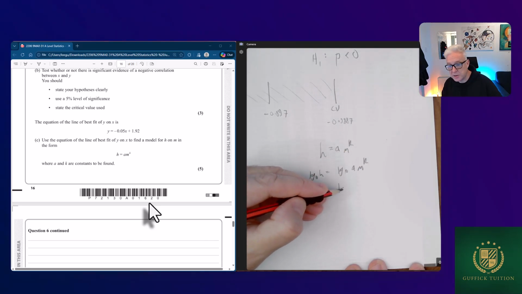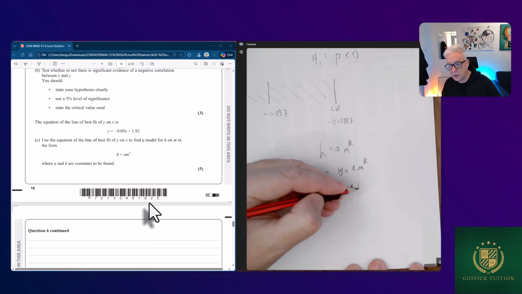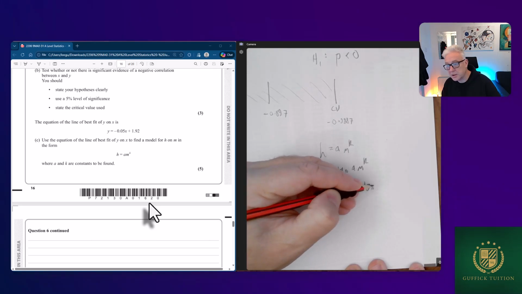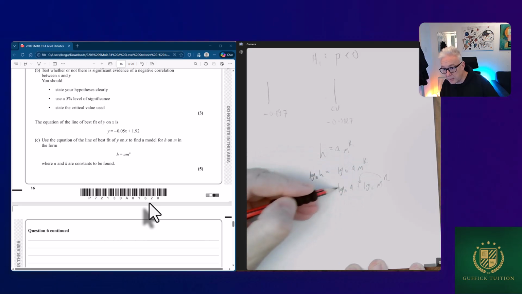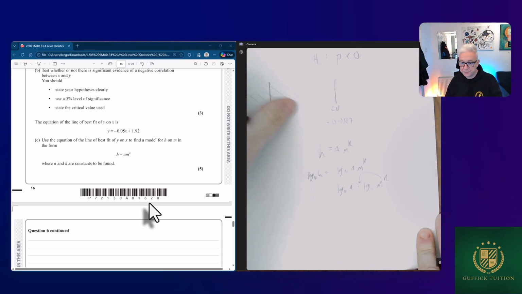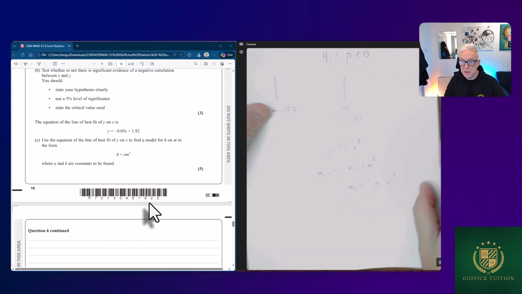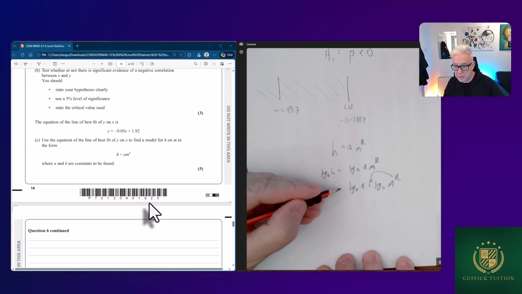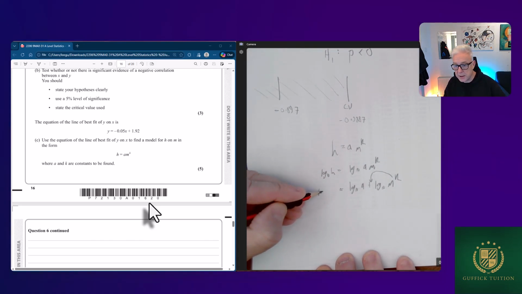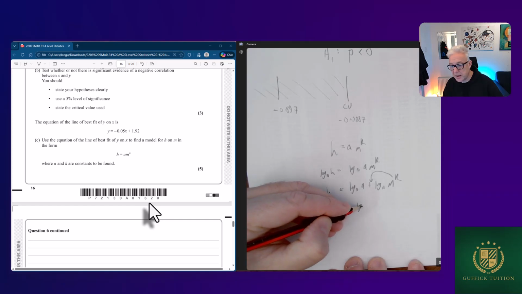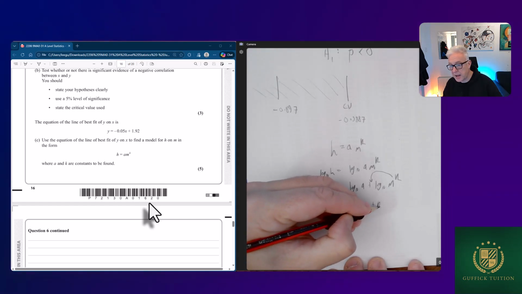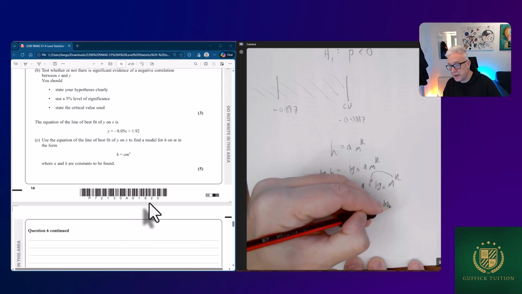Using the laws of logs, that's going to go to log a plus log m to the k. Then I'm going to use the power law of logs to bring that k to the front. So that is log to the base 10 of h equals log to the base 10 of a plus k log to the base 10 of m.